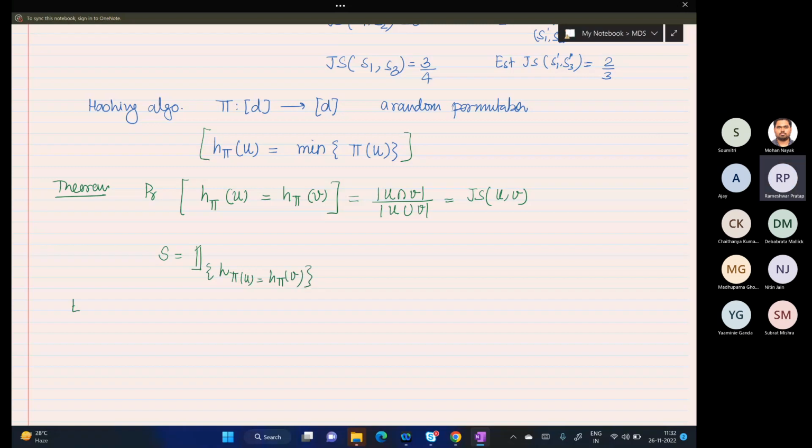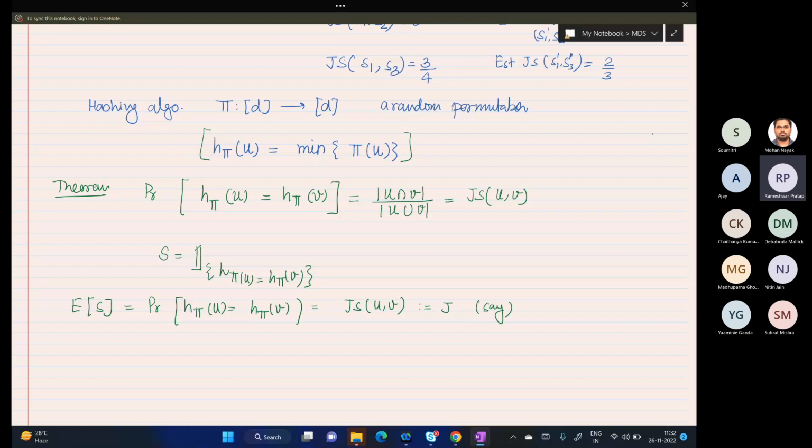And similar to what we did in case of MinHash, the expected value of S is the probability that h pi u is equal to h pi v, which is the Jaccard similarity of u and v. Suppose we denote it by j.